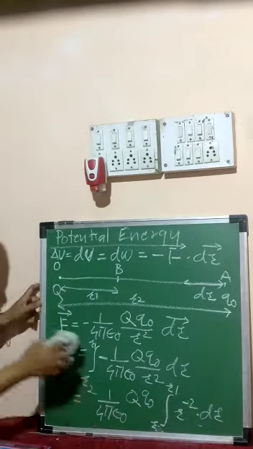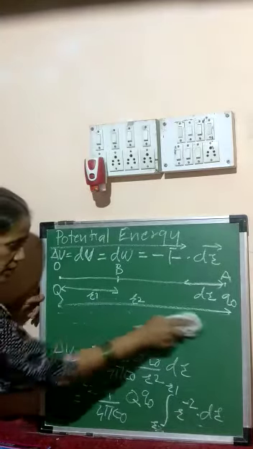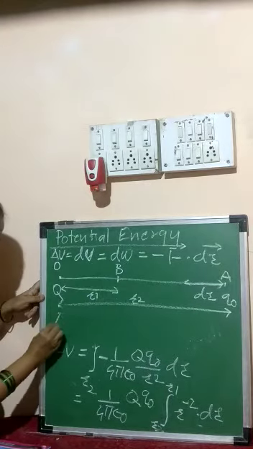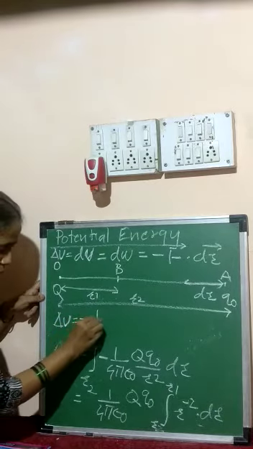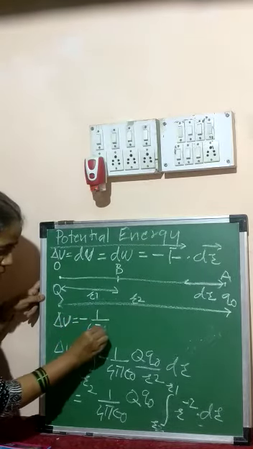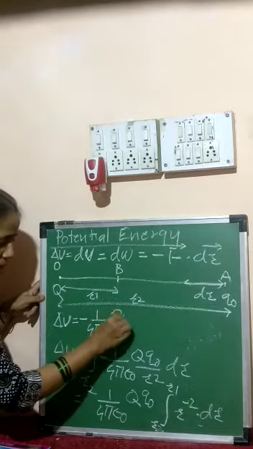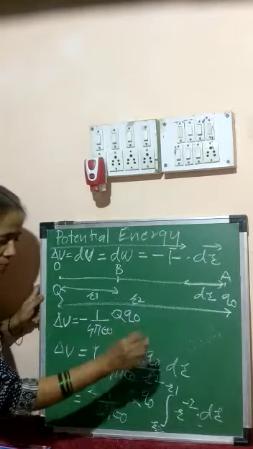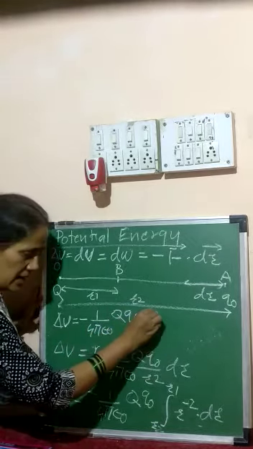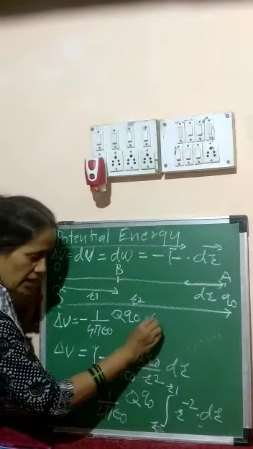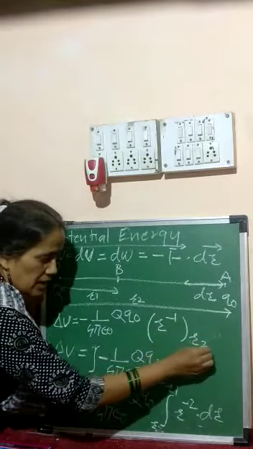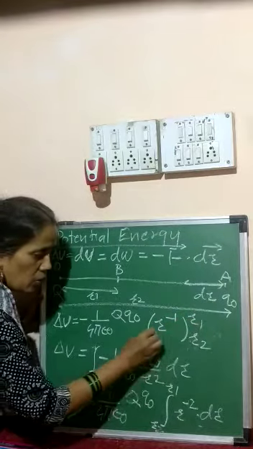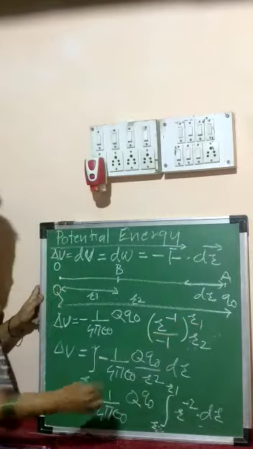Now I can write down here the change in potential energy as minus 1 upon 4 pi epsilon naught capital Q Q0. Then the integration can be written as R raised to minus 1, and the limits are nothing but R2 to R1, with division by minus 1.